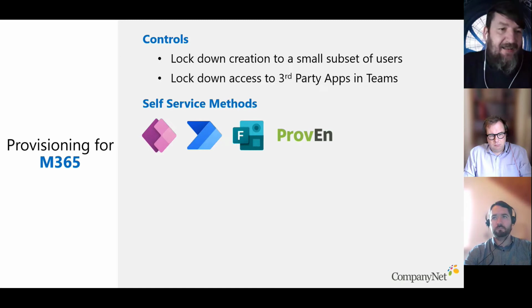So we can then pass that through to our provisioning automation, or if we're using something like Proven, to our provisioning engine, to then drive the creation of that team, but then also drive the governance that goes around that.